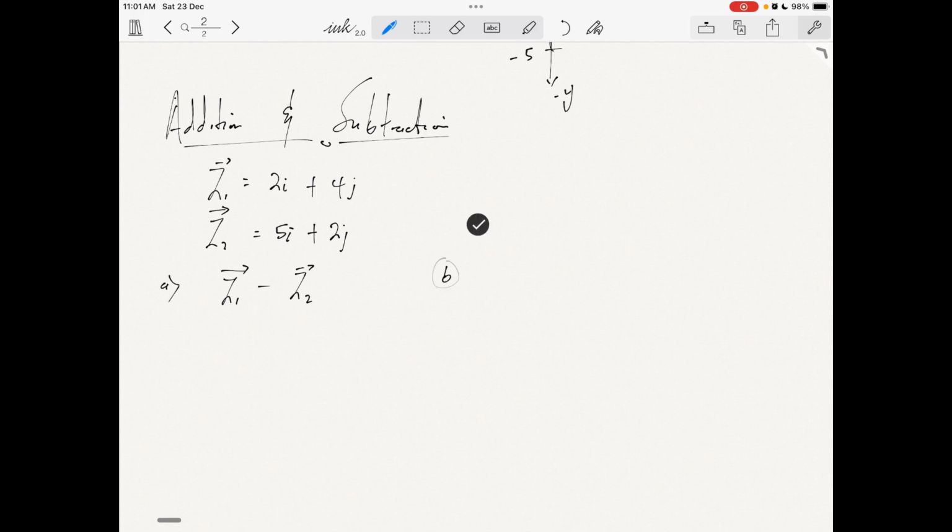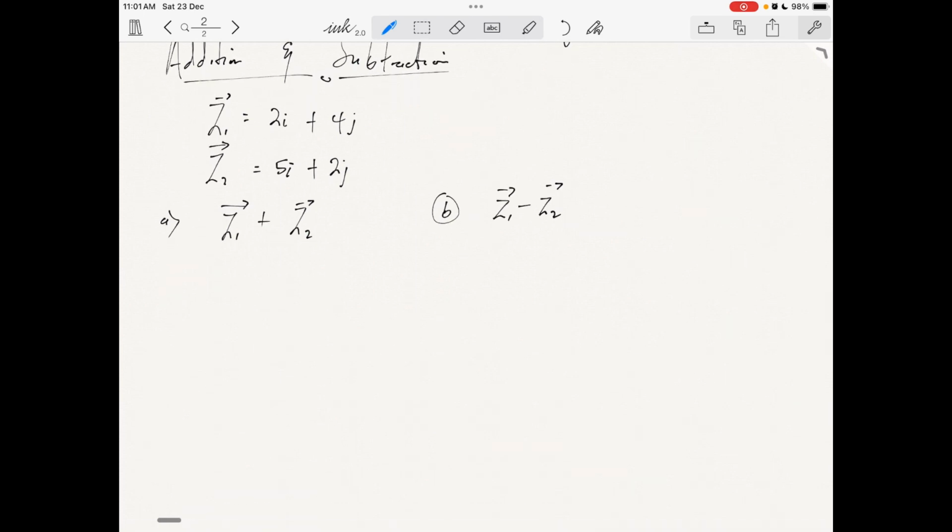We can start with Z1 plus Z2. So how do we go about this?